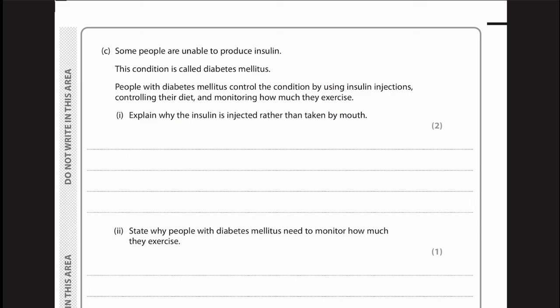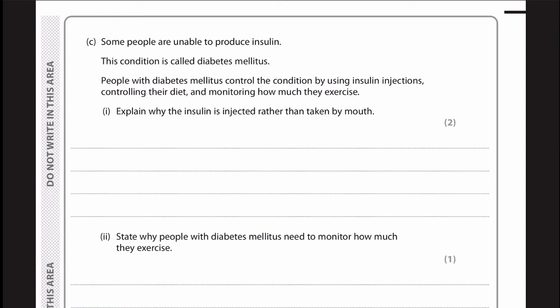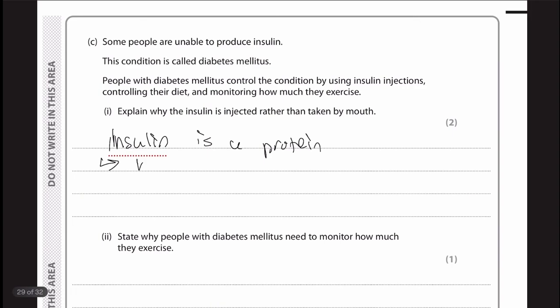Explain why insulin is injected rather than orally taken by the mouth. Okay, now the reason for this is pretty simple. Because insulin, as we know, is a protein, right? So when we take in a protein, and it passes through our alimentary canal, passes through our gastric system, what's going to happen is it's going to be broken down.